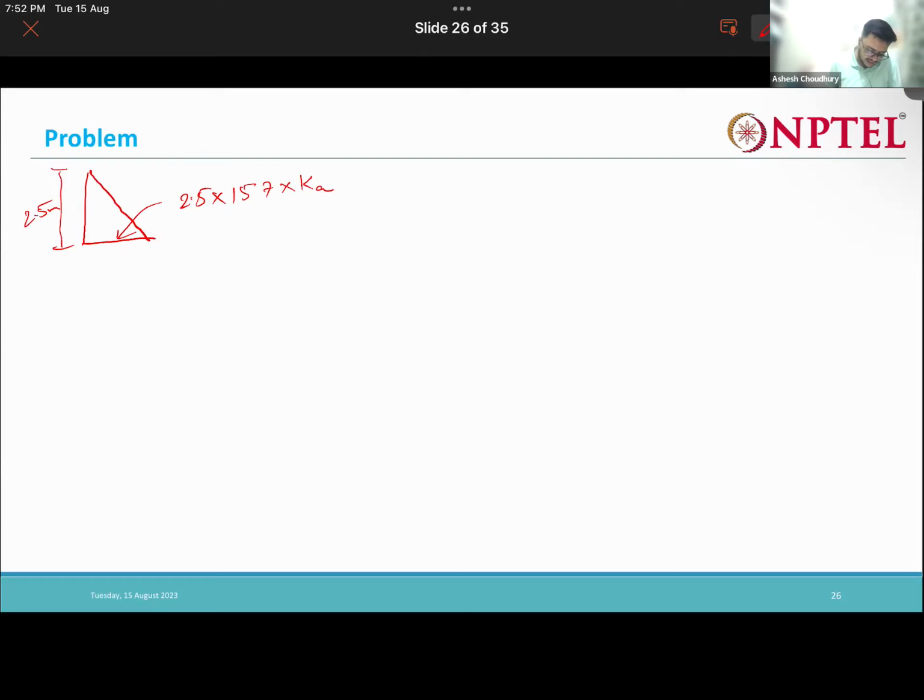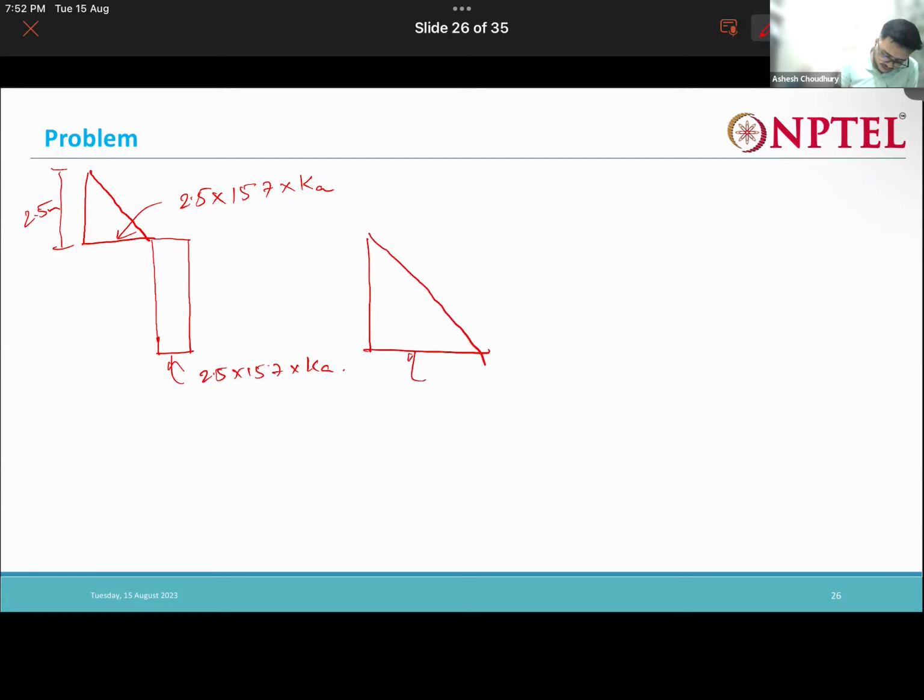Below that, this one will be the same, 2.5 into 15.7 into K. Then we have 6 meters, so 6 minus 2.5 is 3.5. This one is 3.5 into the submerged unit weight, which is 0.86. And the rest is due to the water.